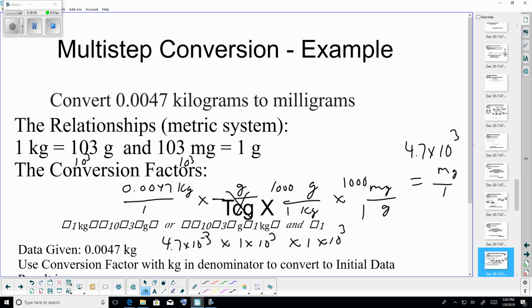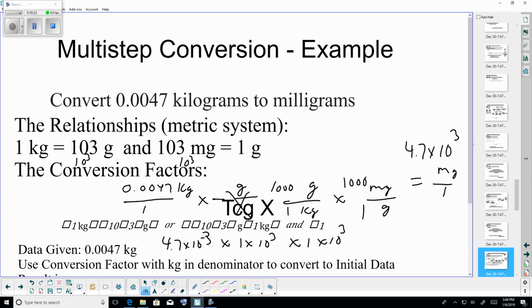And don't forget, these are exact numbers, so they have an infinite number of significant figures. Is everybody okay with this? Okay.